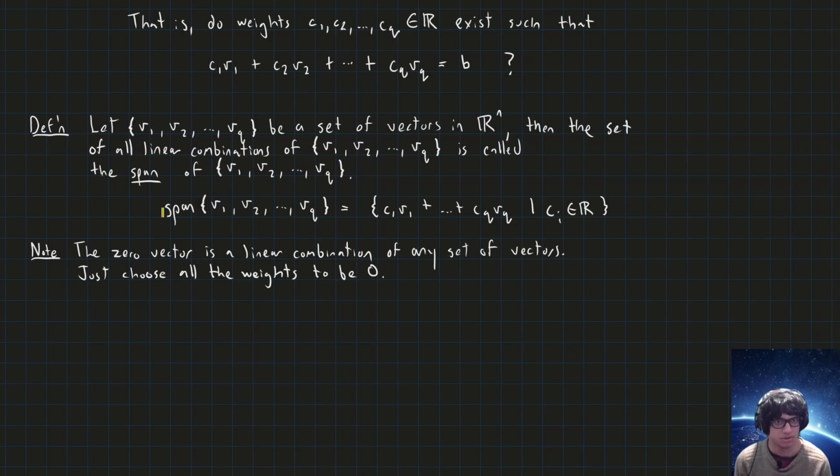So this is the notation: span of these vectors equals, and this is set notation, all vector sums of this form such that the c's are real numbers. We fix our vectors v1 through vq, and then we let the c's range through all the real numbers, and we get an infinite set of vectors.